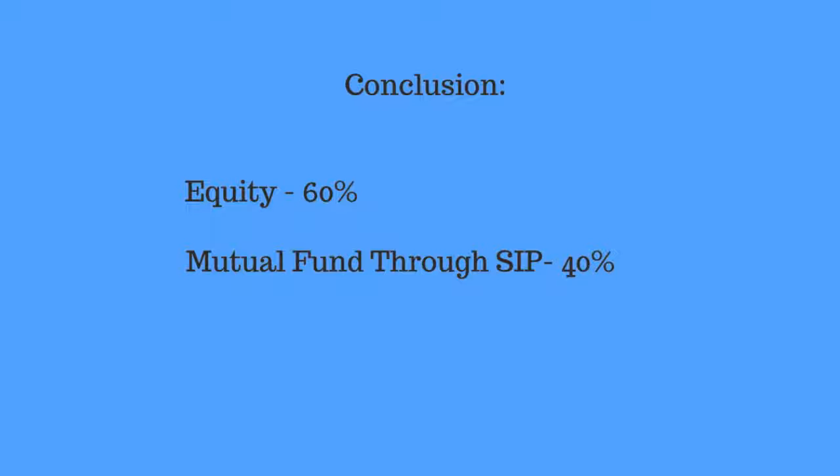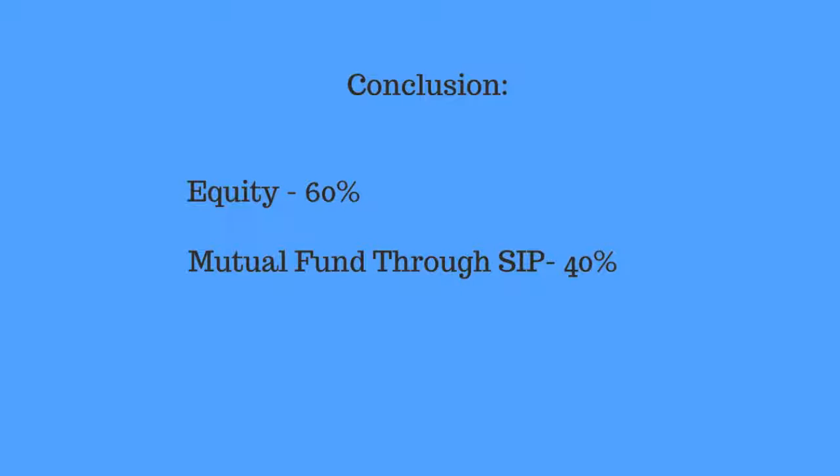Mutual fund through the SIP route is a very profitable thing, rather than investing at one time in a mutual fund. And since he is taking risk with 60% of his fund in equity, in mutual fund he should invest in a debt equity combination portfolio.